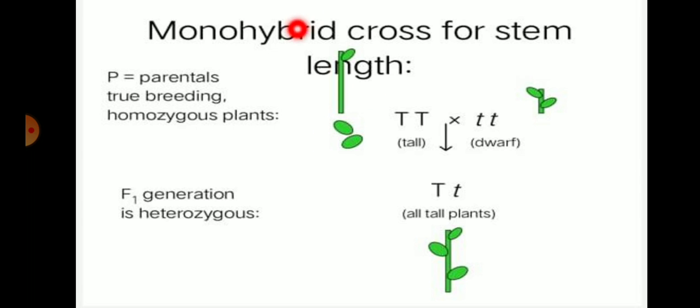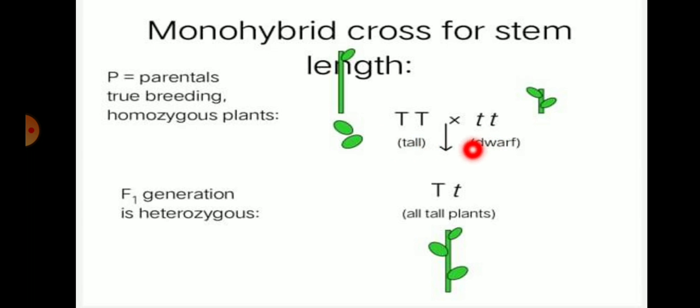One plant has the characteristic of tall, containing the gene T, so one T is an allele and the other T is an allele. He crossed it with the dwarf plant, which has the genetic makeup small t.